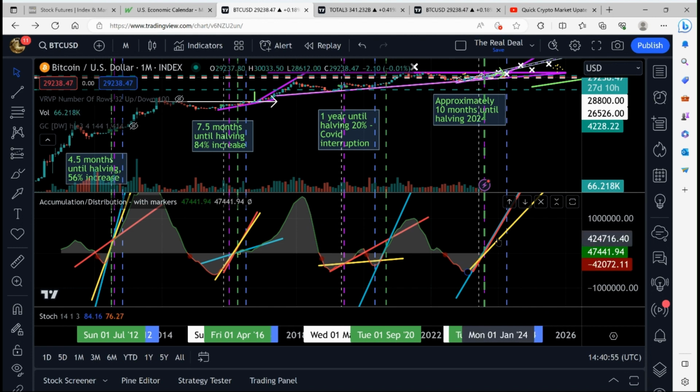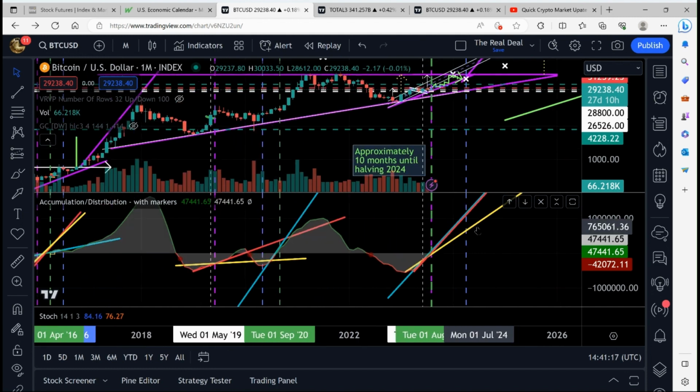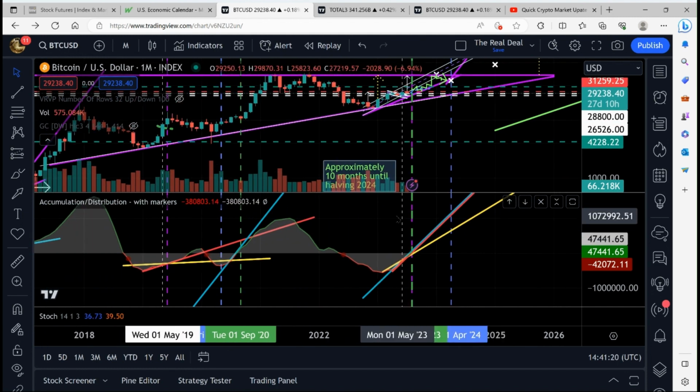Now here, currently, this is why I'm really positive about the next few months. I see a significant bull run coming over the next few months, and then a pullback sometime around the beginning of the year, heading into the halving event. All these lines are steep, and they are happening all in the same area.